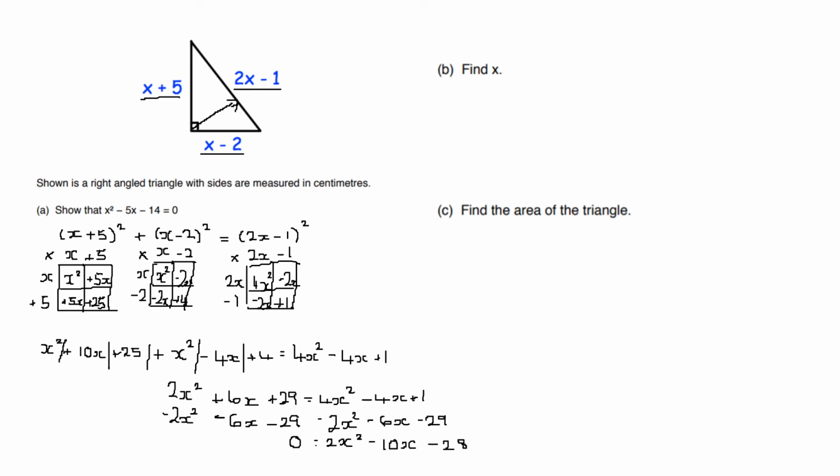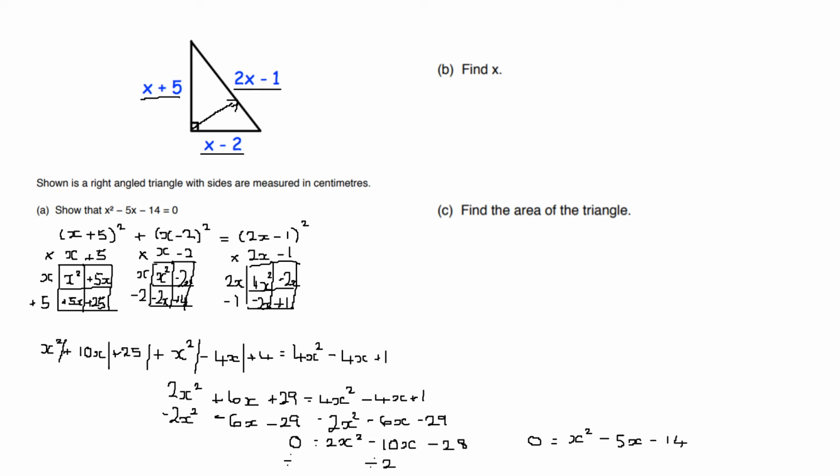Now I can divide this through by 2. So I can divide both sides by 2. So 0 divided by 2 is going to give me 0. And then I just divide each term in my expression on the right hand side by 2.